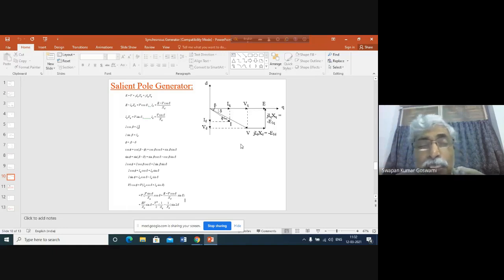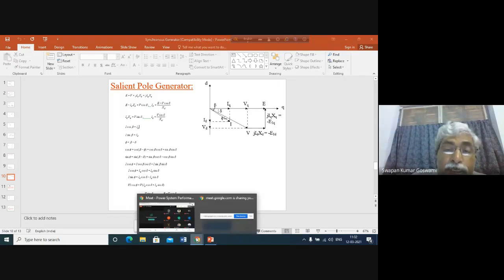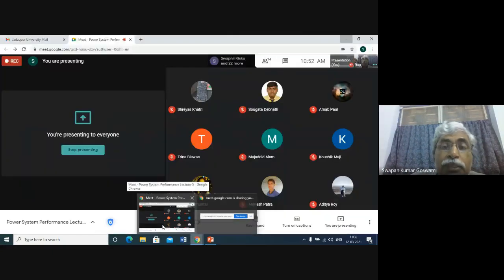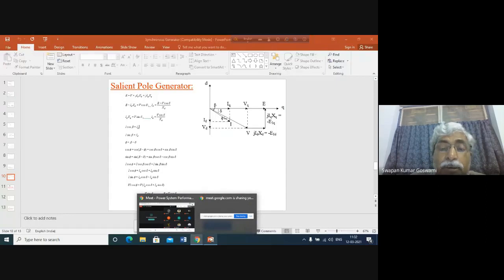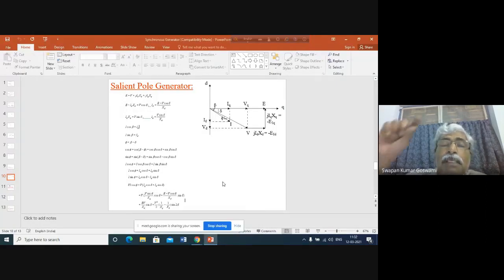In a cylindrical rotor machine, since the air gap was the same, the reluctance was also the same. In salient pole machines, the air gap is non-uniform: less air gap along the pole axis, and more air gap along the quadrature axis.